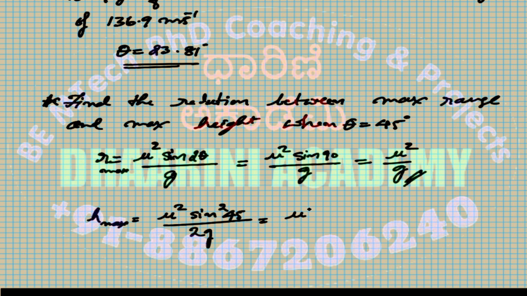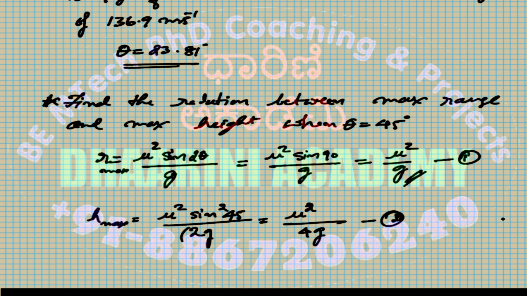Okay, so this is u square. Sine 45 is 1 by root 2. So this is 1 by root 2 square. Sine square 45 is 1 by 2. So I can write as 4g, because there is a 2 in the denominator. Sine square is also 1 by 2. So 1 by 2 into 1 by 2 is 1 by 4. Okay, this is first, this is the second.